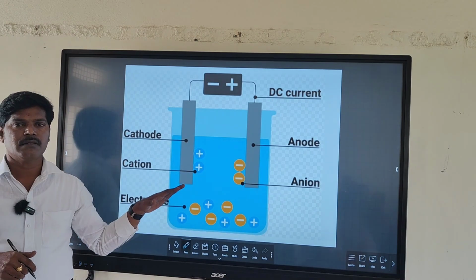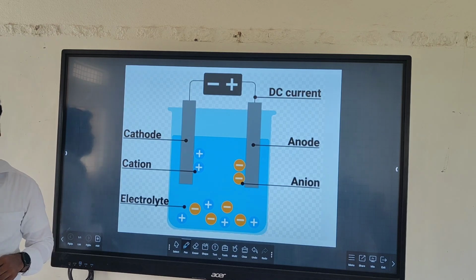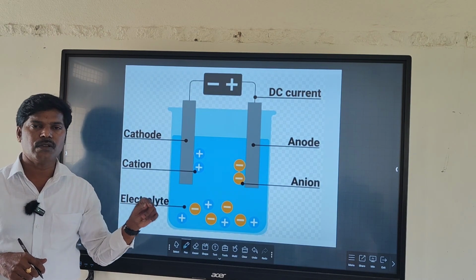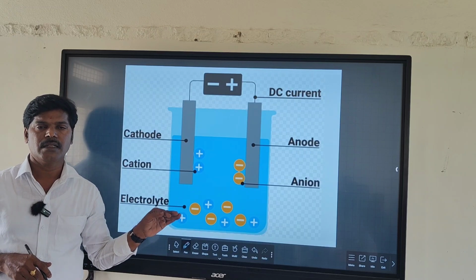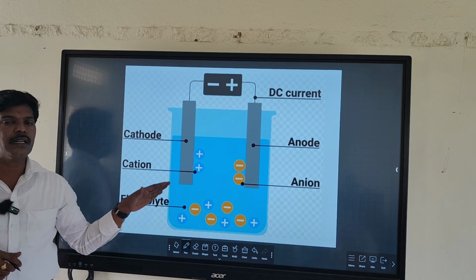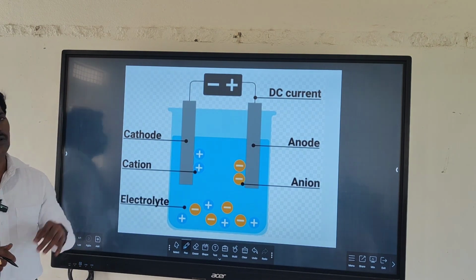The solution here is called the electrolyte. The electrolyte is in solution state or in fused or molten state. The electrolyte contains ions when we pass electricity through it.